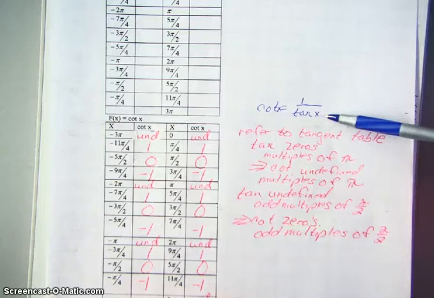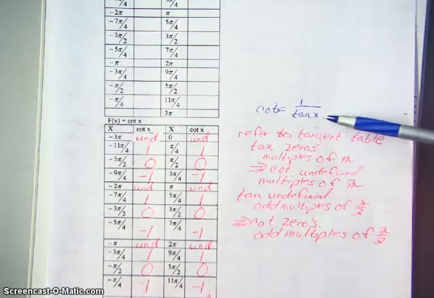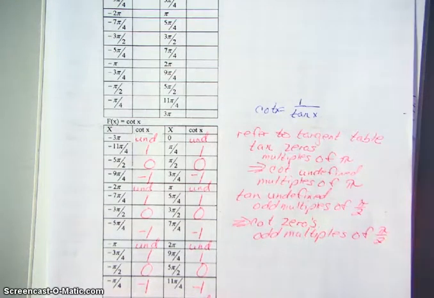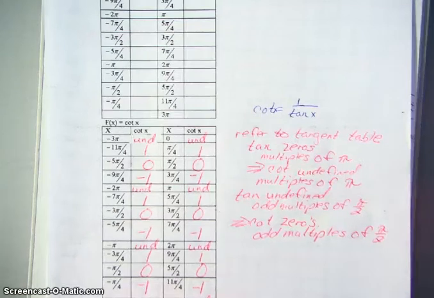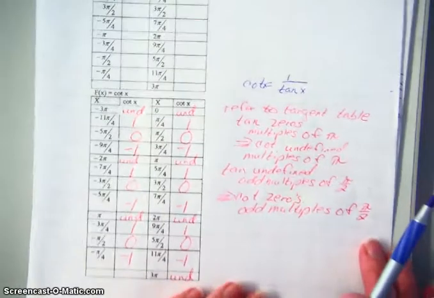Tangent is undefined at odd multiples of pi over 2. So how can the calculator find for you 1 divided by something that's undefined? You're going to have some very difficult to comprehend results if you're only using your calculator and not using your brain. So here are some hints that are going to help you fill out this table.